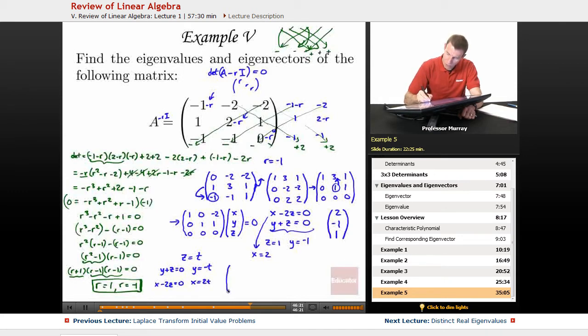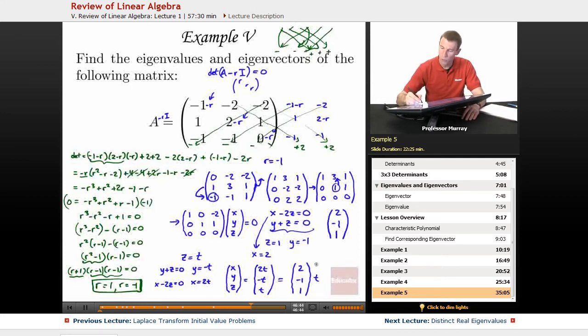So you'll get x, y, z equal to 2t over negative t over t, and you could factor out the t and just get 2, negative 1, 1 times t. And then if you take t equal to 1, you end up with that same eigenvector that we found by my little trick of just taking the last entry to be 1.